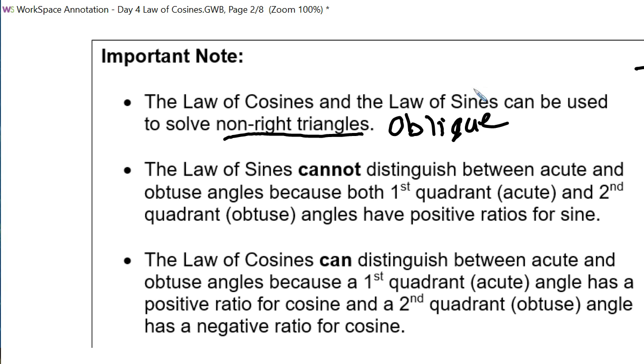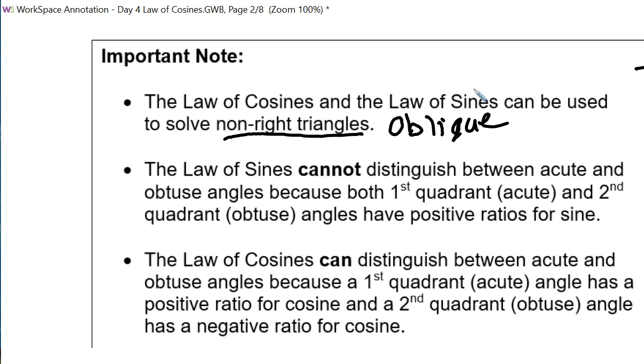So the law of cosines can be used to distinguish between an acute angle and an obtuse angle. So when we're trying to solve triangles today, if that angle could be obtuse, you have to use the law of cosines, because the law of cosines can tell if it's acute or obtuse. Now, if it's not going to be obtuse, you can use the law of sines. It will be quicker and faster.